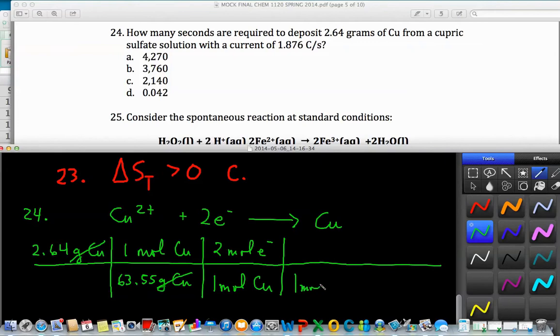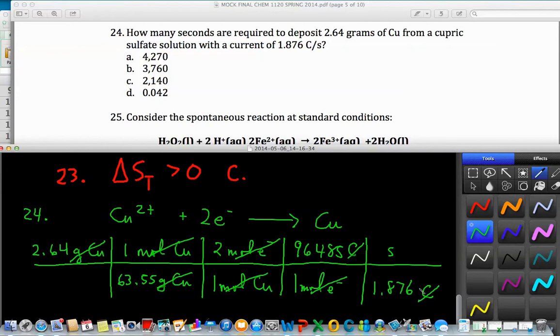And I know that 1 mole of electrons requires 96,485 coulombs, a Faraday. I know that the current is 1.876 coulombs per second. And so now I finally have the units that I am required for the answer.